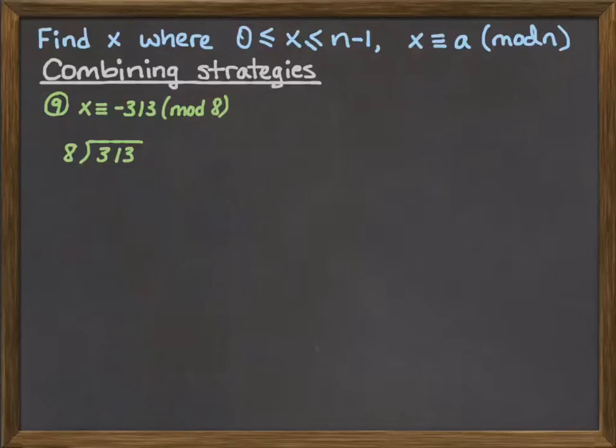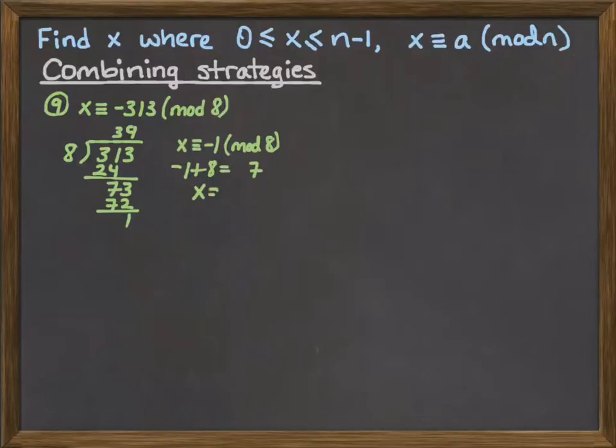So to start, I'm just going to ignore that negative number and do long division, dividing 8 into 313. When I do that, it comes out to be remainder 1. Now, because I had negative 313, that means x is negative 1 mod 8. That's not in the correct range of being between 0 and 7, but I can use the other strategy of adding 8 to both sides to get 7. So x equals 7.